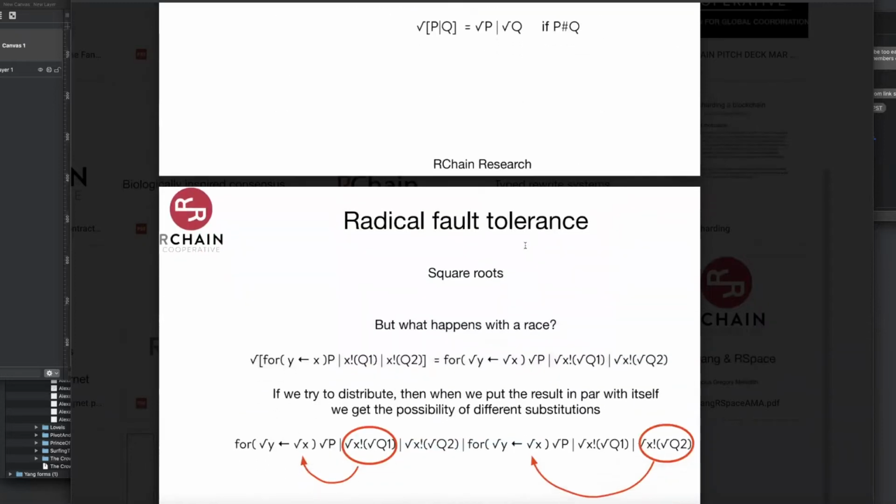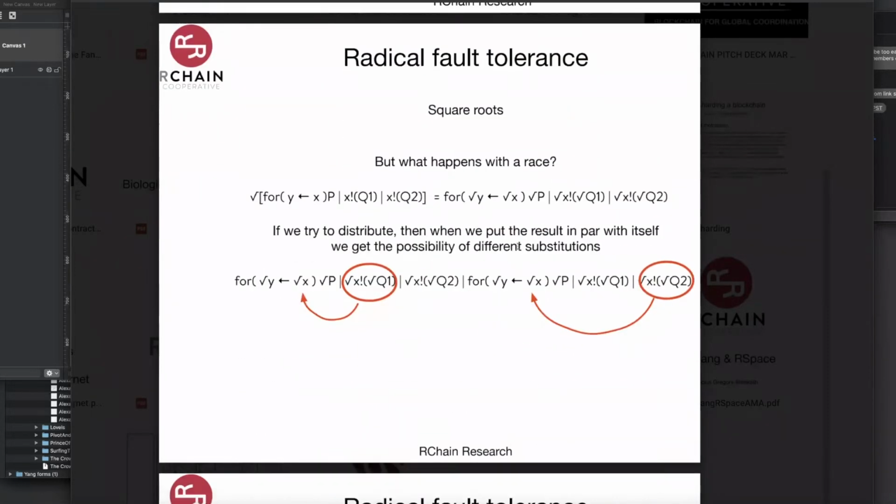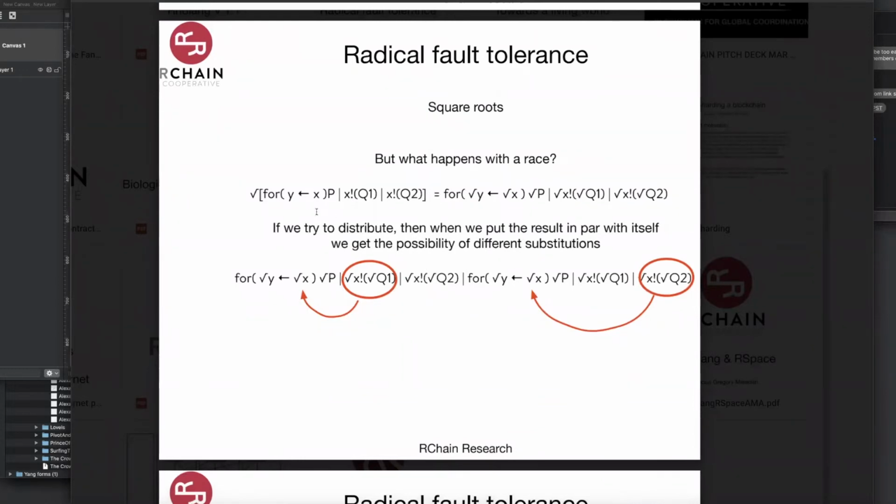But if they do interact, we have a problem, right? And the problem is, in particular, what happens if there's a race? So you have a process that's listening on x in par with two different outputs on x. So then if we follow the definition, we'll push the square root through on all three processes.